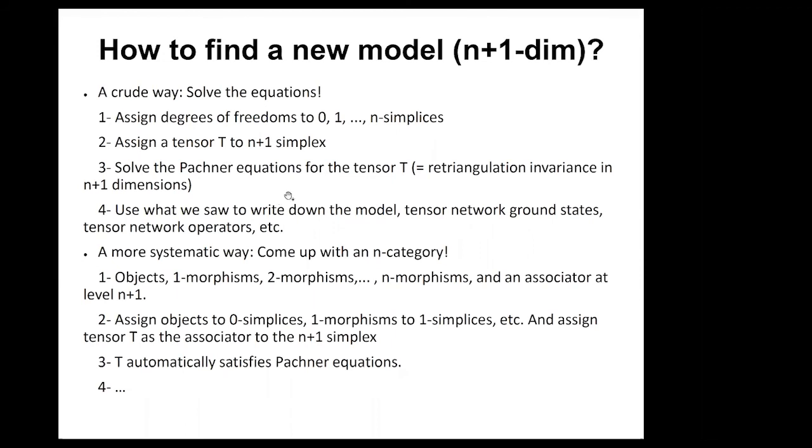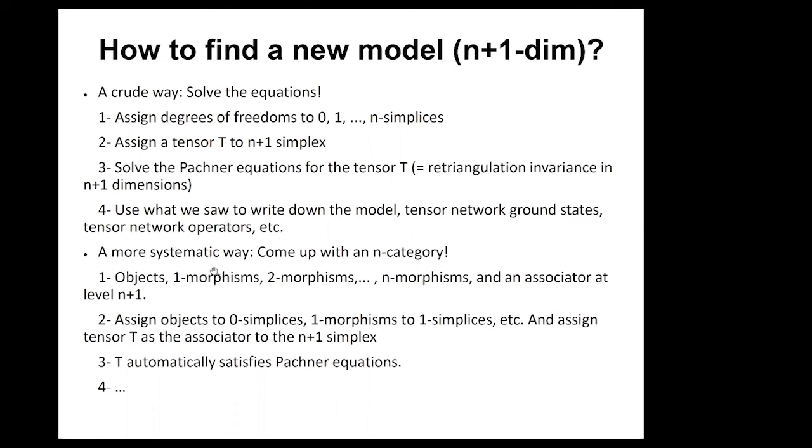If you solve them, you give them to me or to this framework that you listened to in this talk. You can write down a local Hamiltonian. You can find its ground states. You can find the operators that map these ground states to each other. And yeah, you have a topologically ordered model.